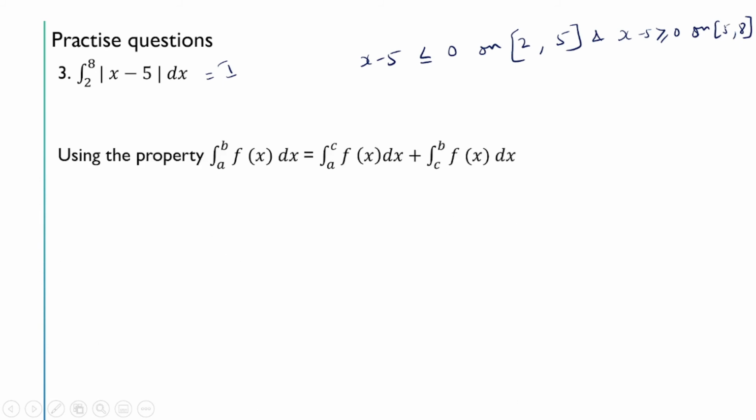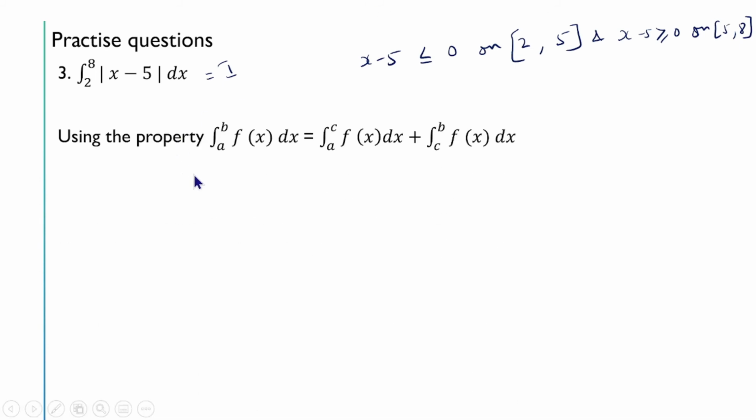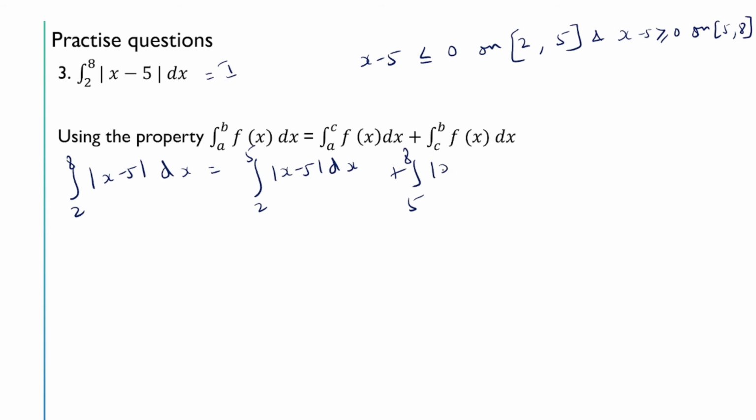So using the property integral a to b f of x dx equal to integral a to c f of x dx plus integral c to b f of x dx, we can write integral 2 to 8 mod x minus 5 dx as integral 2 to 5 mod x minus 5 dx plus integral 5 to 8 mod x minus 5 dx.